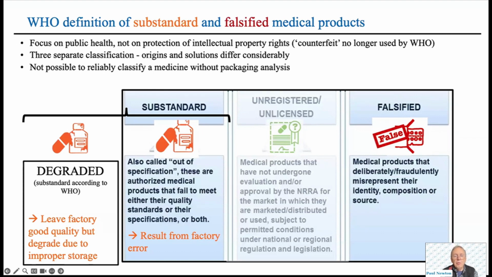In contrast to that, substandard medicines are those where there isn't criminal intent, but where there's errors in either manufacturing of medicines or in supply chains, such as degradation of medicines in supply chains if they are too hot or too cold, etc. So substandard includes both degraded medicines and those that result from errors in factories.